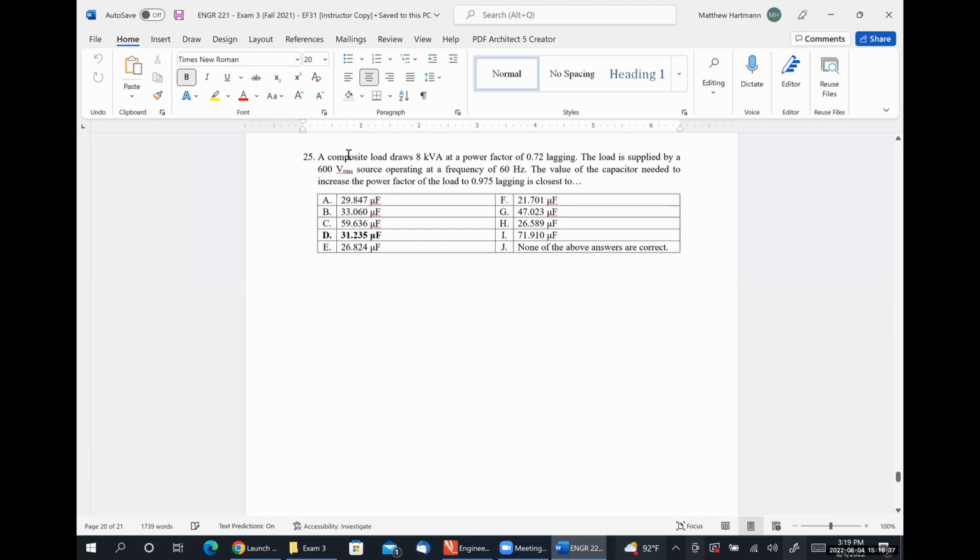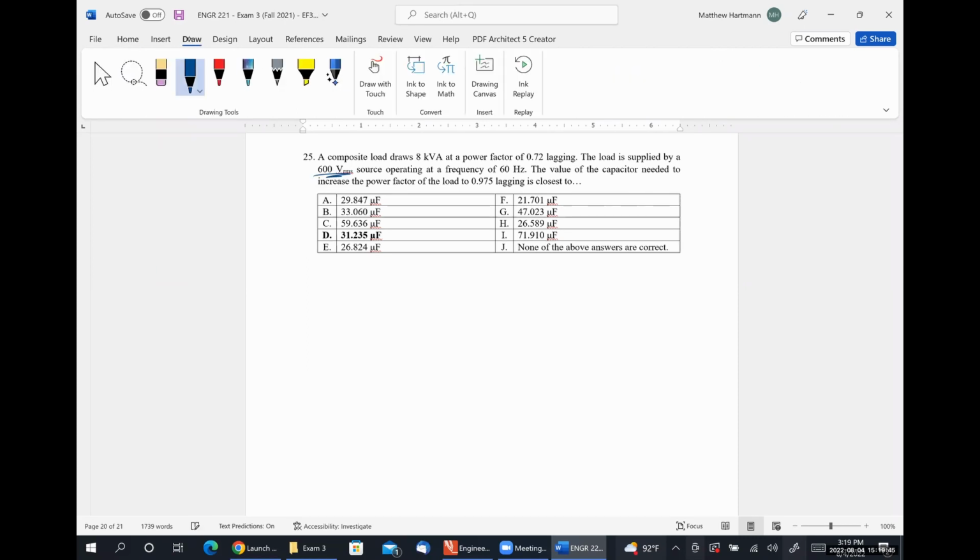All right. So let's look at the pieces of information that we have here. 600 volts RMS, so that is the effective. Frequency of 60 hertz, so omega is 2 pi times 60 hertz.